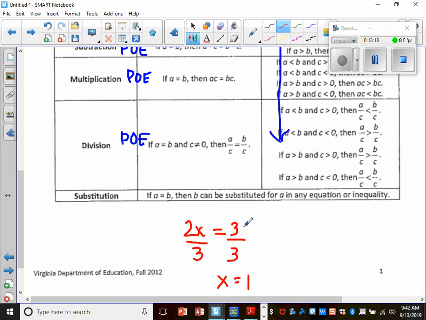When you do that, you're taking this 3 divided by 3, and you're saying 3 divided by 3 is 1. You have now just used the substitution property.